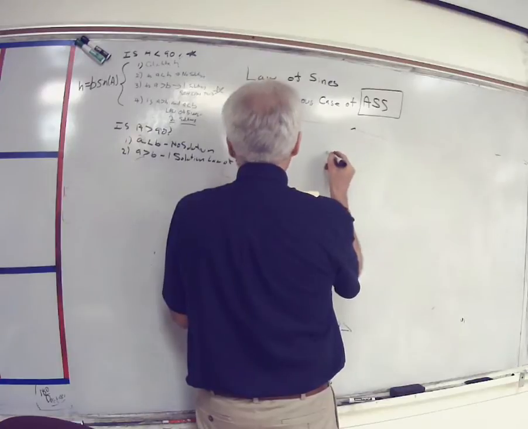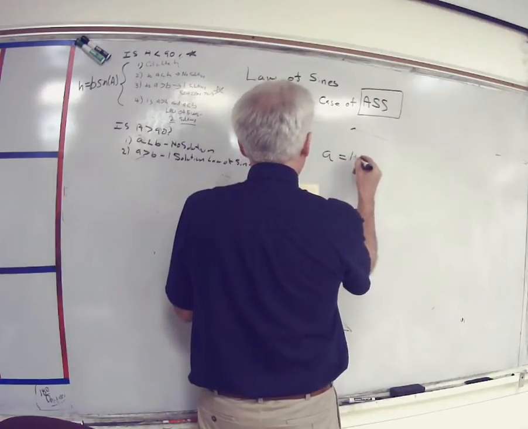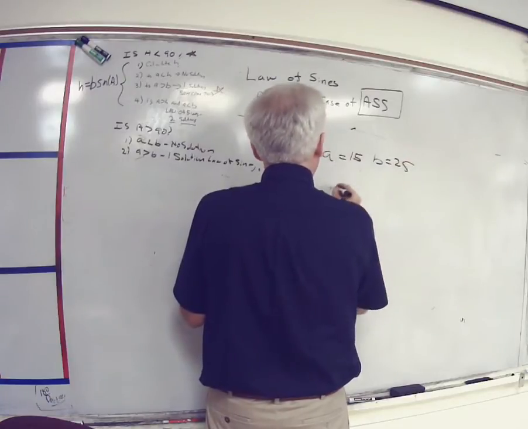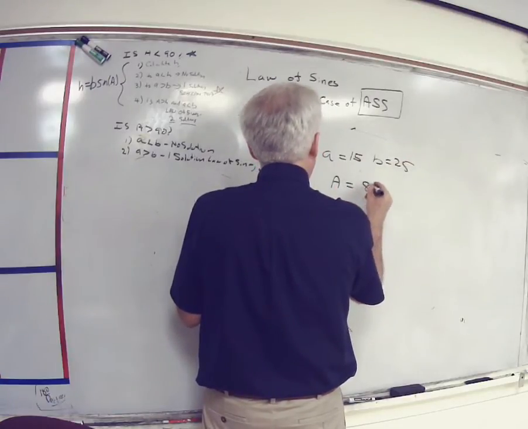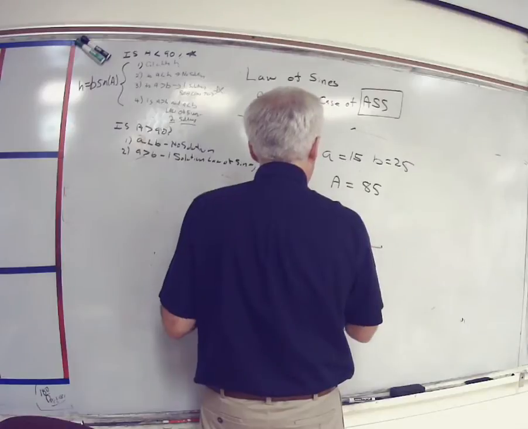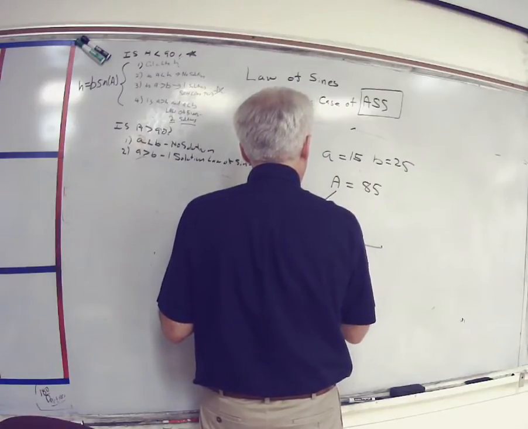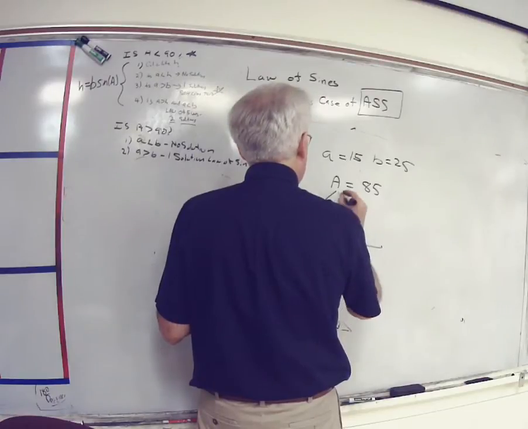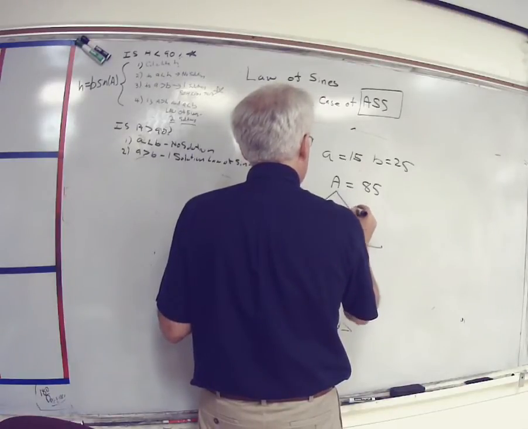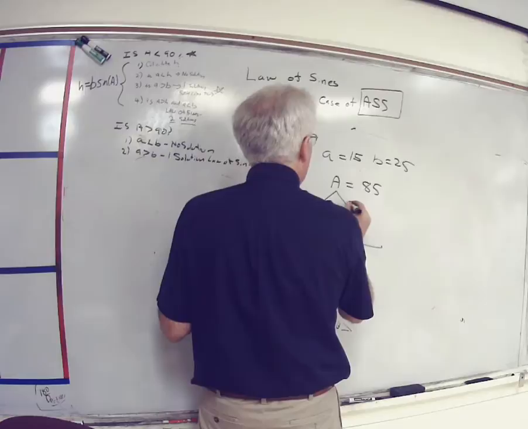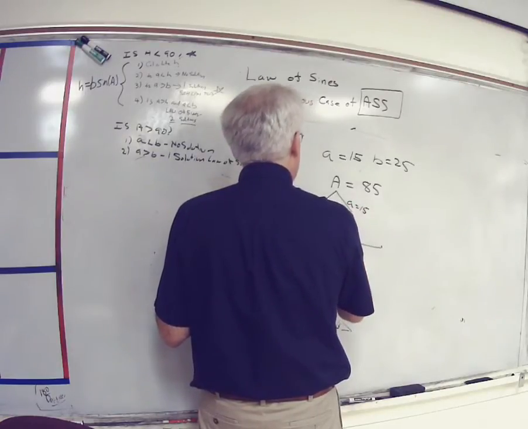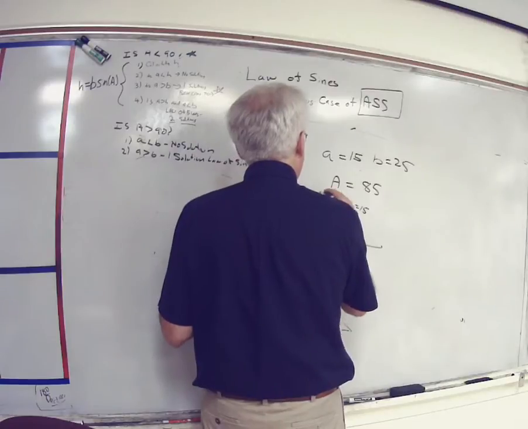So let's say a is equal to 15, b is equal to 25, and A is equal to 85. So this is going to be 85, then this is a. When I draw a, I don't know how long to make it, so I'm just drawing it like that. And then b is equal to 25.